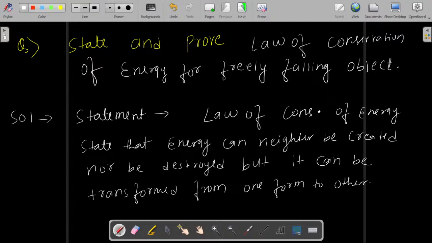Okay, it can be transformed from one form to other. This is the statement of the law of conservation of energy.